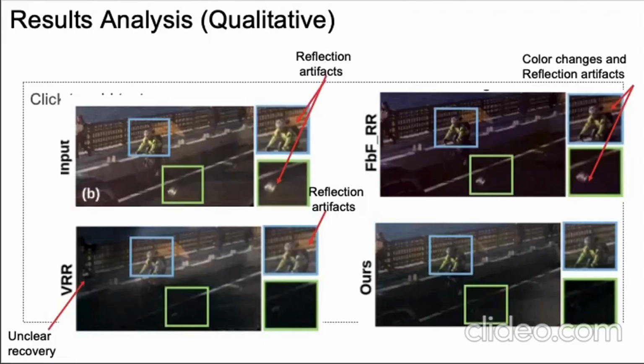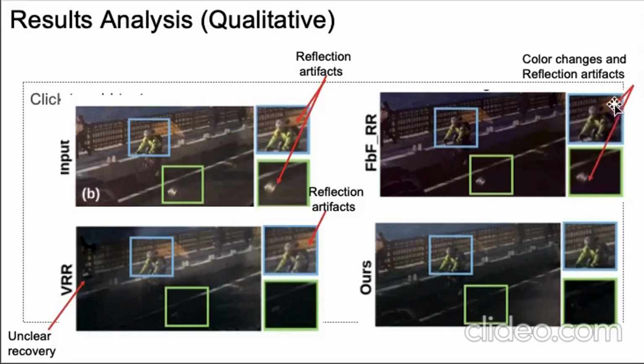And now let's dive into a more qualitative analysis of the previous videos. For example, for this given video, if we look at the snapshot of the separated background and the separated reflection, for the two state-of-the-art methods, frame-by-frame reflection removal and VRR, we can still see some color changes using the frame-by-frame reflection removal.